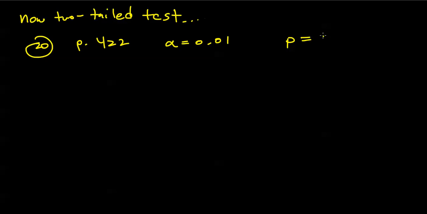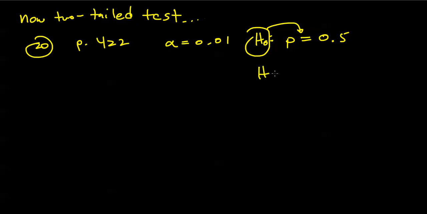Proportion equal to 0.5. By implication, this is H0. Right? H0 is always an equality statement.